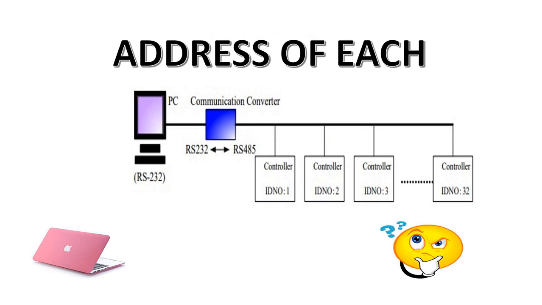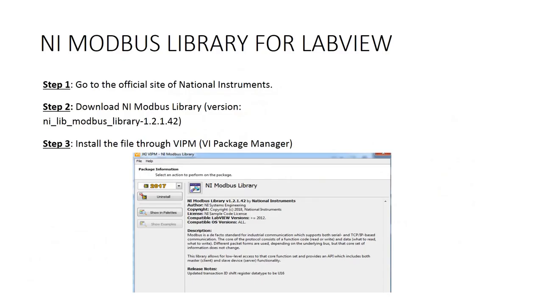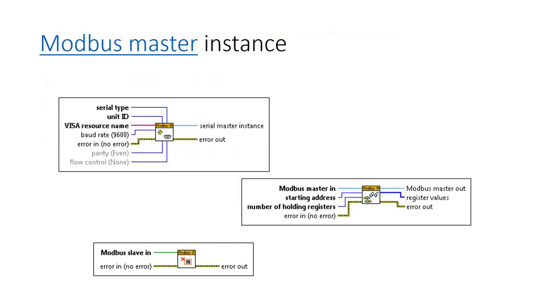Now you have multiple PID controllers connected in parallel, or multi-drop, so all of them have their own IDs. It's called addresses. Now in order to achieve this, you have to download a free library called the NI Modbus library into LabVIEW, and after that you can simply build a GUI.